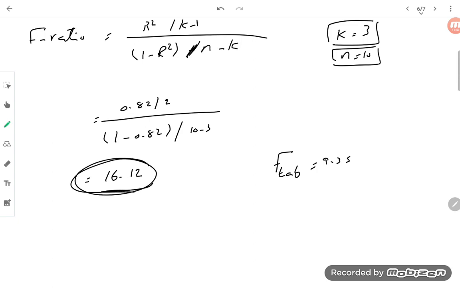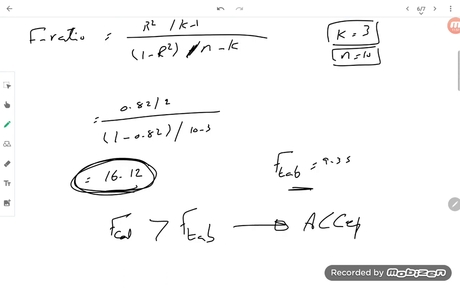So the value of F calculated is greater than F tabulated. This means that we are going to reject H0 and accept H1, which means that the model is significant.